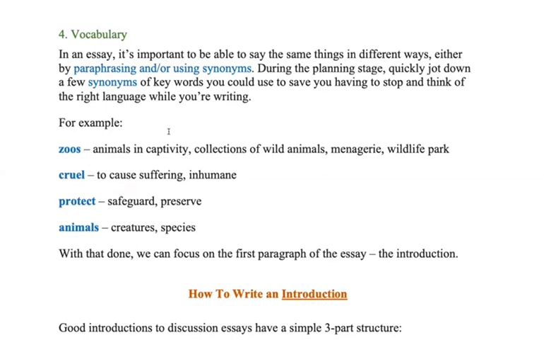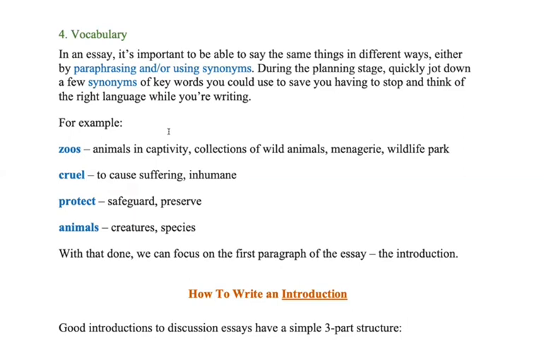For example, zoos. What is zoos? Animals in captivity, okay? Collections of wild animals. Cruel. It's about when you are talking about brutal, to cause suffering, or inhumane.